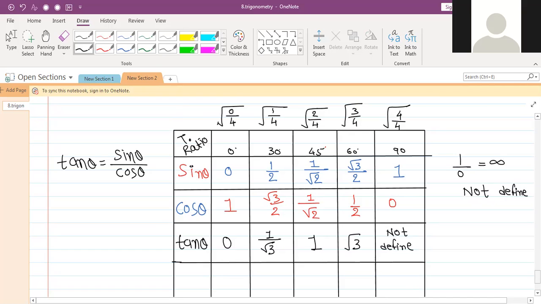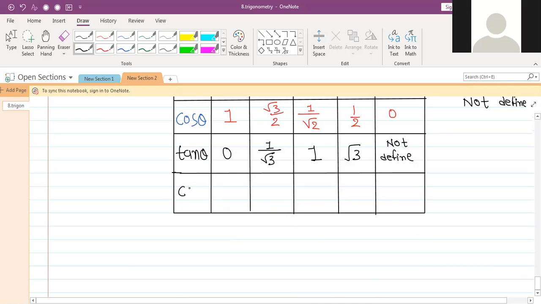Now we can find the value of cot theta. Cot is the reciprocal of tan. Okay, in reverse, we can write the value of cot, that is exactly reverse. So here we write this one is not defined. Here we have root 3.